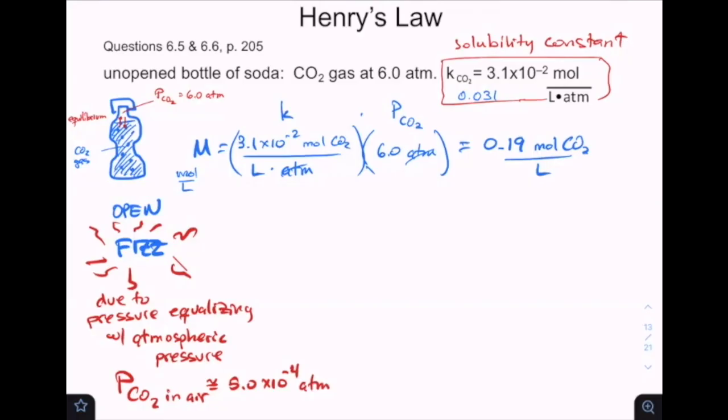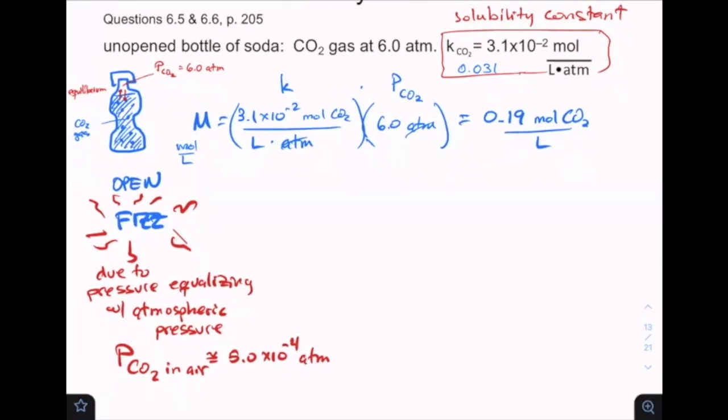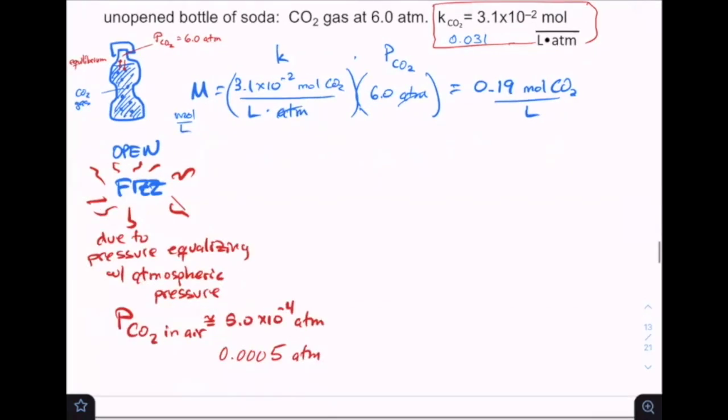Much, much lower than it is bottled out of the company at 6 atmosphere. 6 versus 5.0 times 10 to the minus fourth. That's a huge difference. This number is 0.0005 atmosphere versus 6.0 when capped.